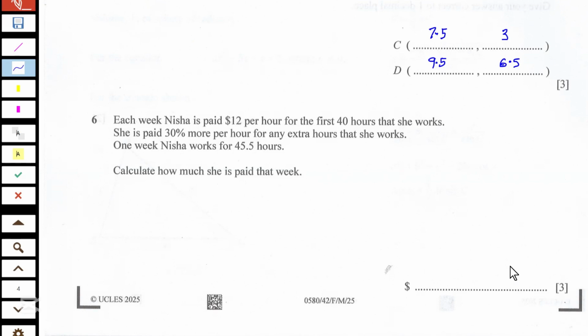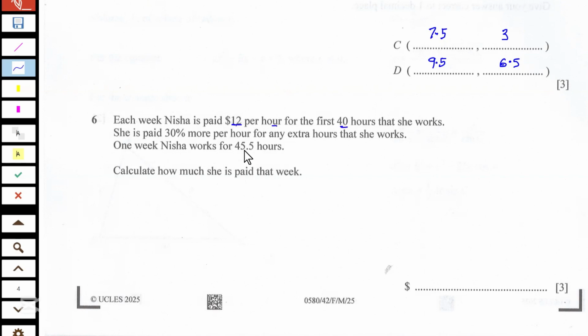Okay, the total amount of money paid to Nisha after 45.5 hours will be, first, we have to identify the key points, the keywords here. Nisha is paid $12 per hour for the first 40 hours.